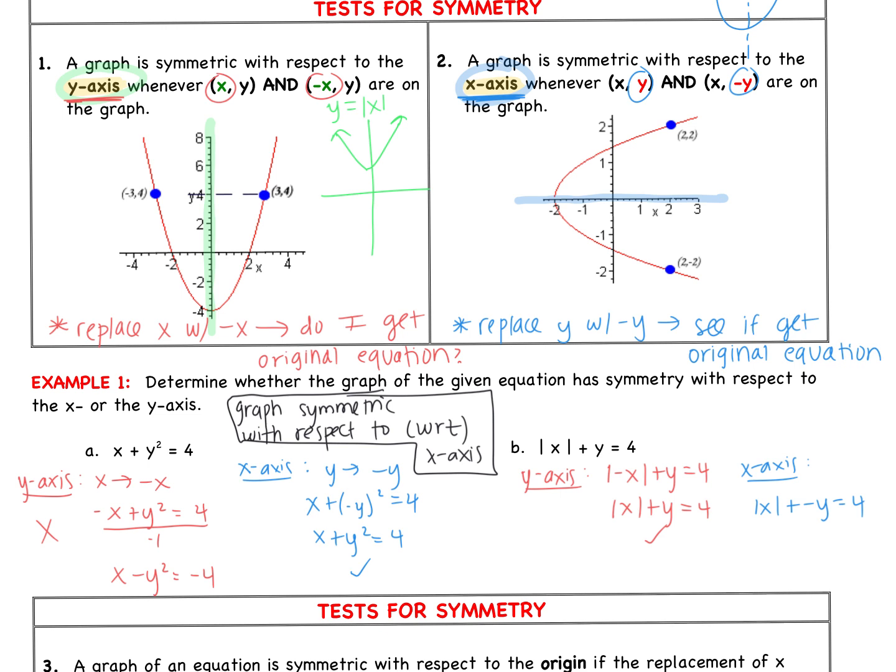That is not the same as what we started with. No way it's ever going to be the same as what we started with. So this is not symmetric with respect to the x-axis. So then, final answer, we're going to say symmetric with respect to the y-axis.